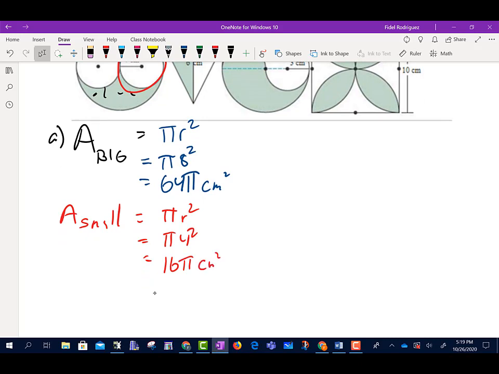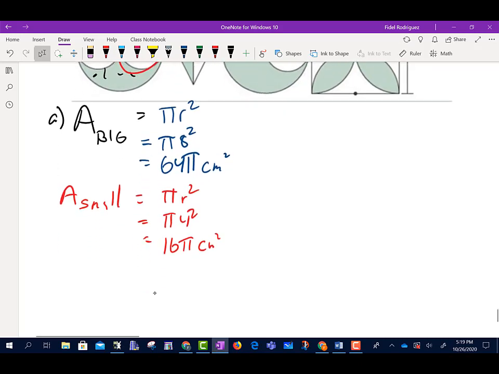Now, if I want to find the area of just the shaded part, the area of the shaded, I'm going to take the big circle minus 2 of the small ones.